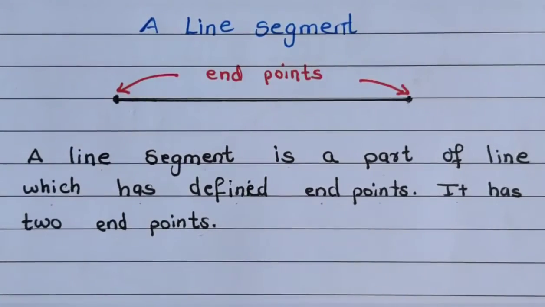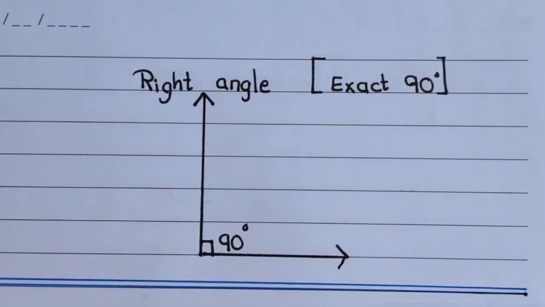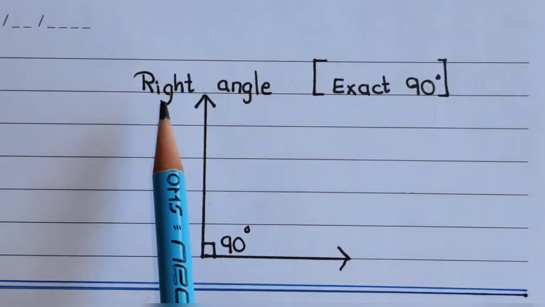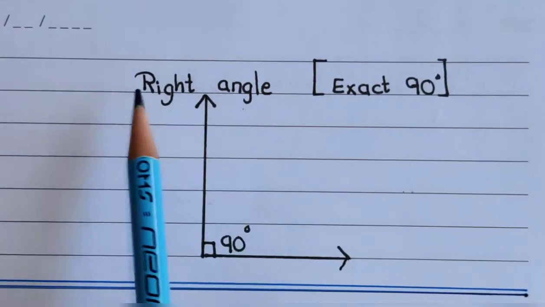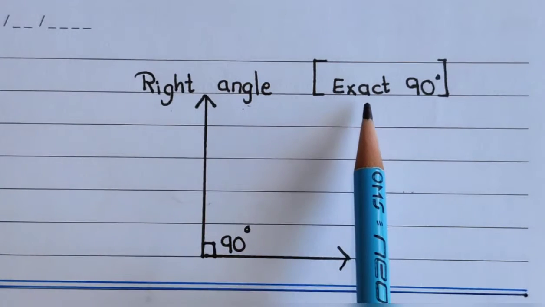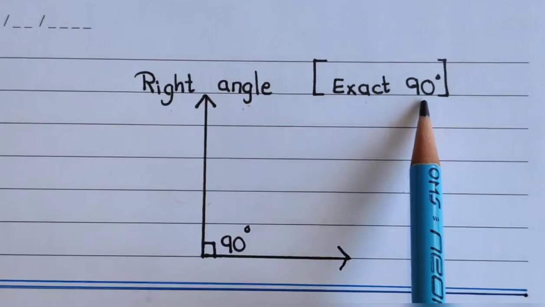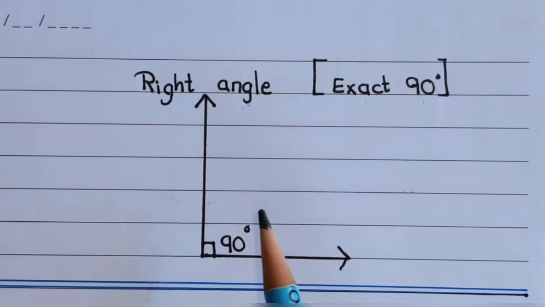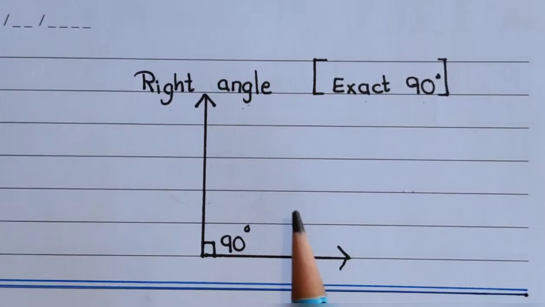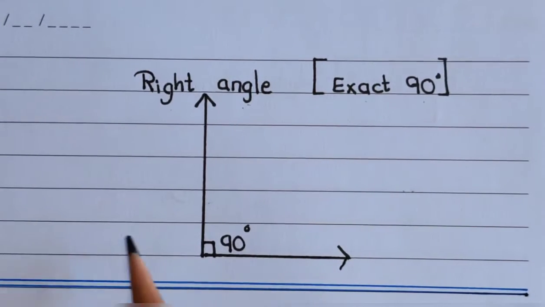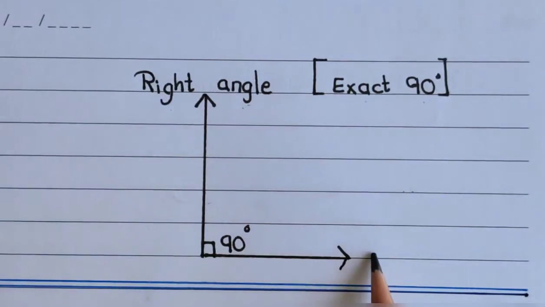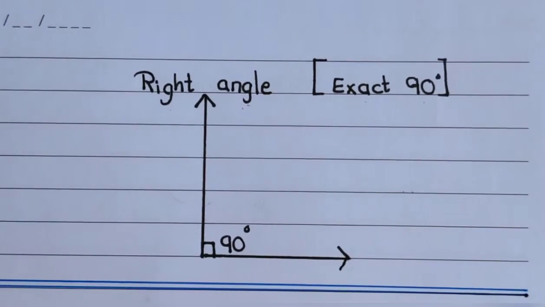What is the next one? Let us see. The next is right angle. A right angle means which is exactly having the measure of 90 degree. This you can measure with the help of a protractor. The D-shaped protractor is available in your geometry box.